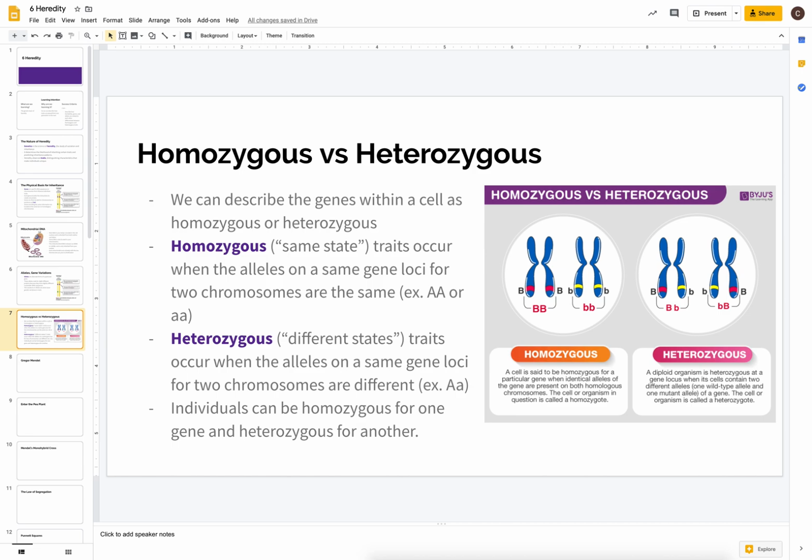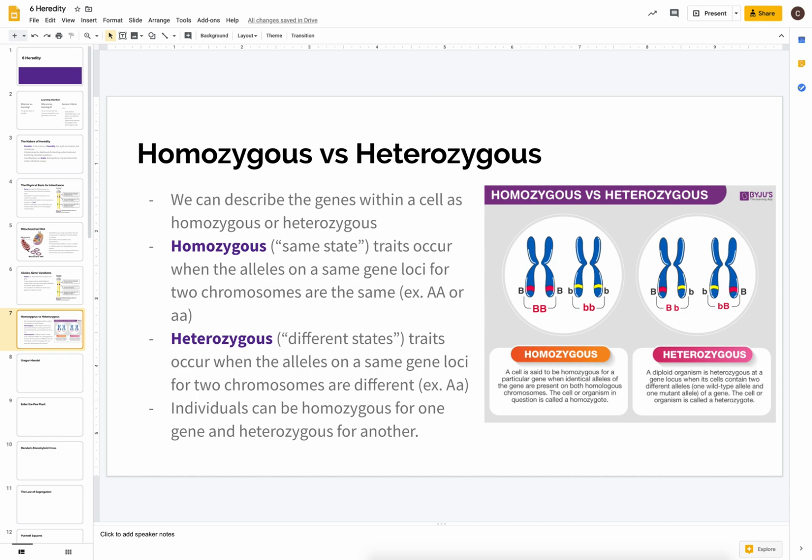This is how you can sometimes have a kid who has blonde hair born to two parents who both have black hair. Both of the parents were heterozygous. They were carrying, or they were showing the black-haired trait, but they were also carrying the blonde hair trait. And if the kid gets both copies of the blonde hair trait, they have blonde hair.